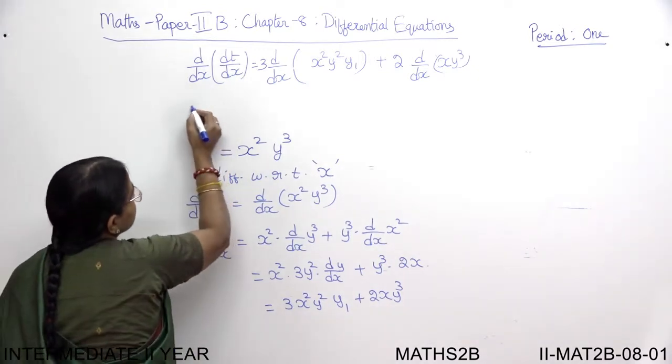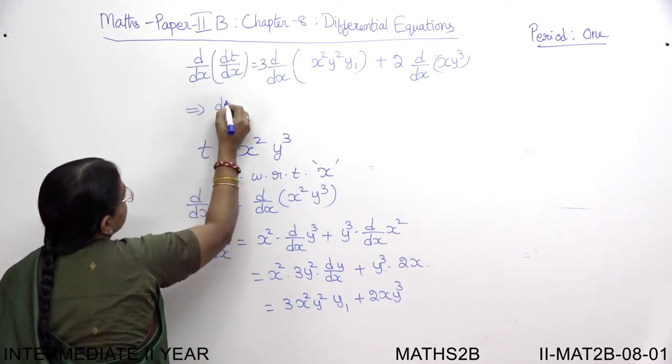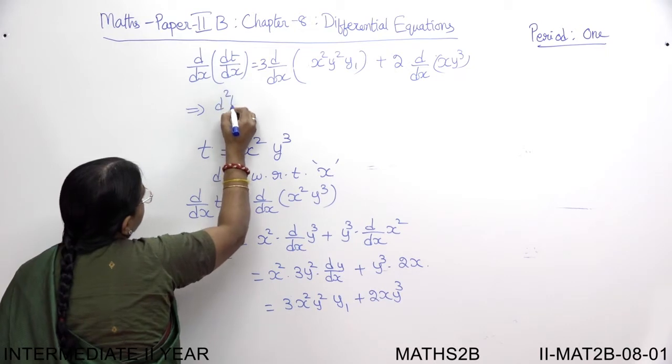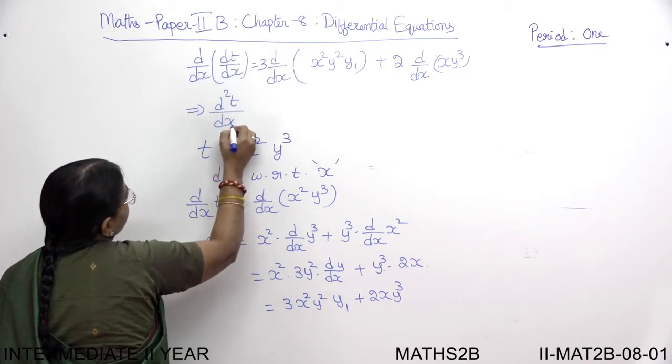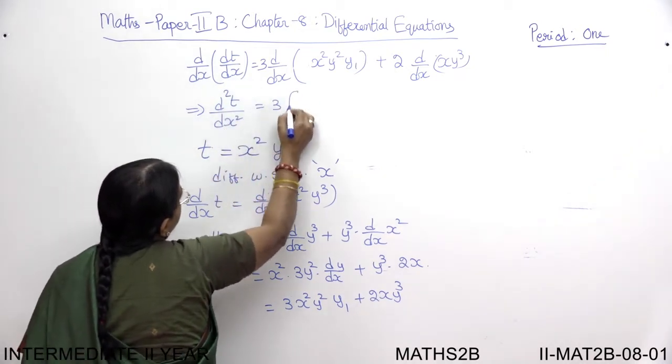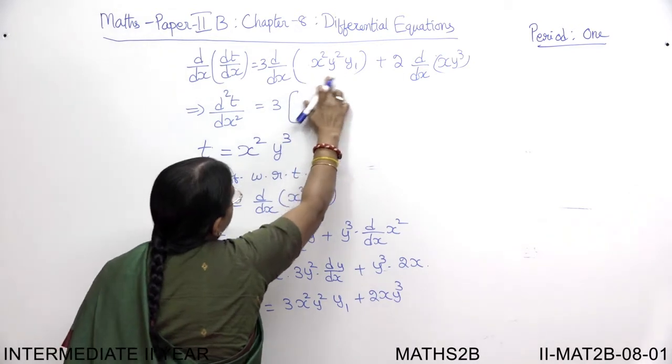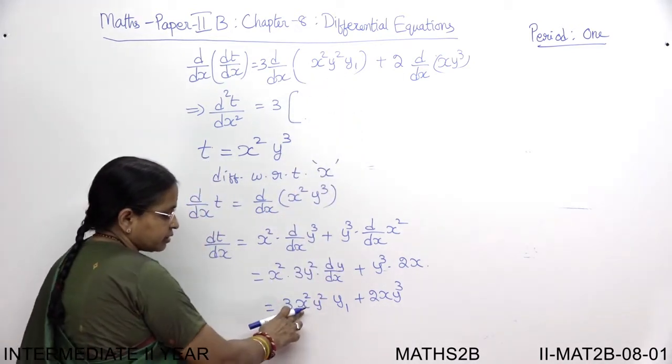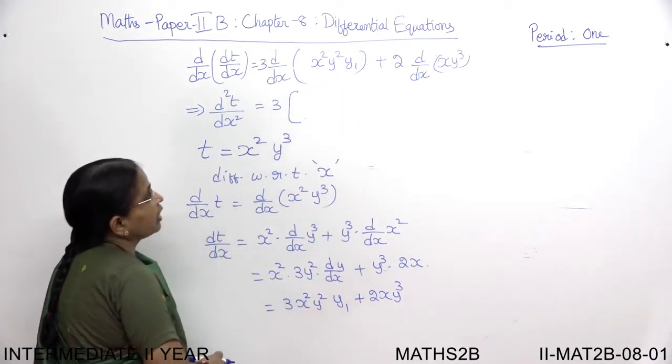Now see, this is nothing but d square t by dx square, that is equal to 3 into. Now see, this has three functions: x square into y square into y1.